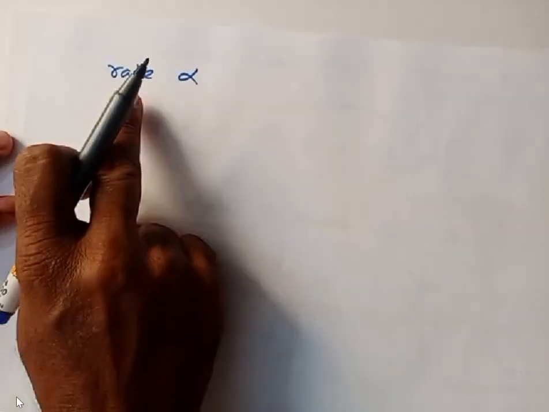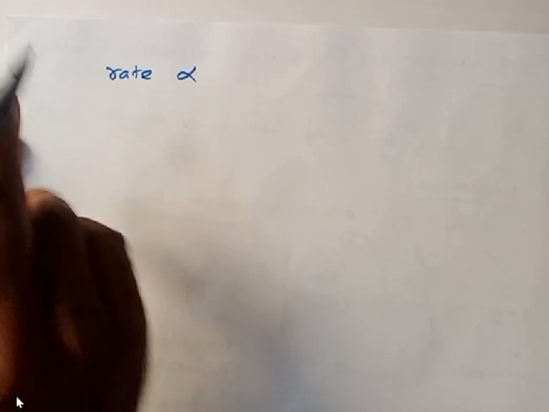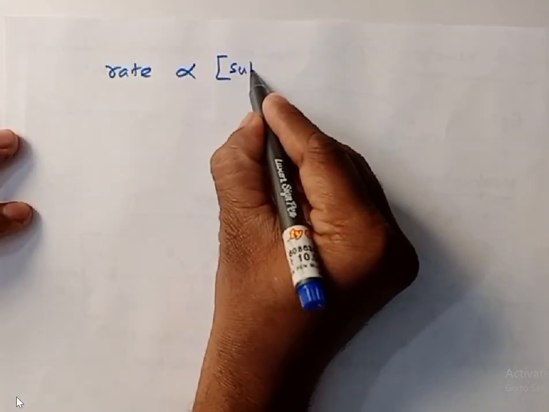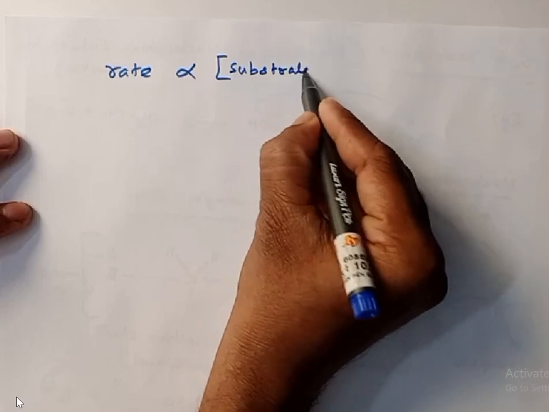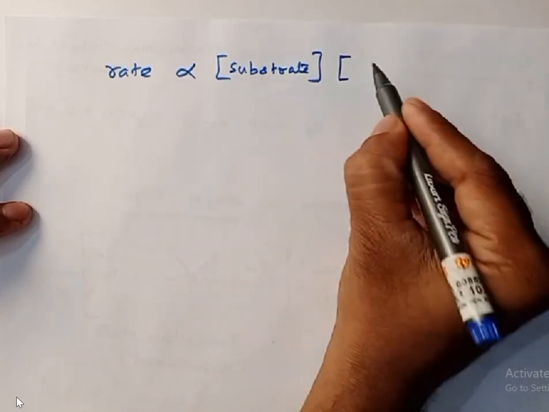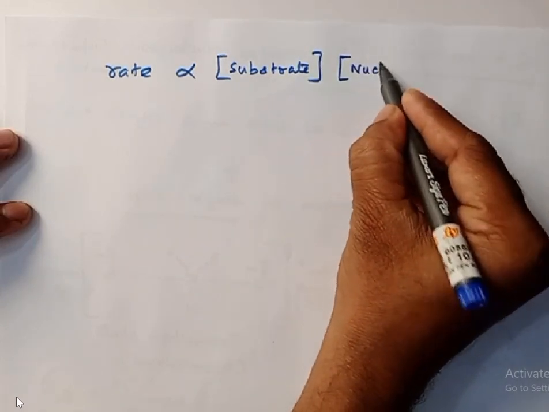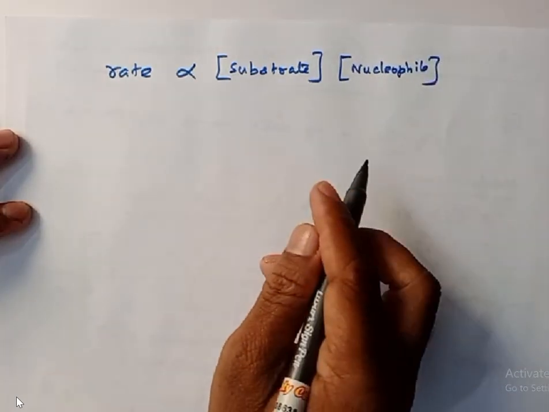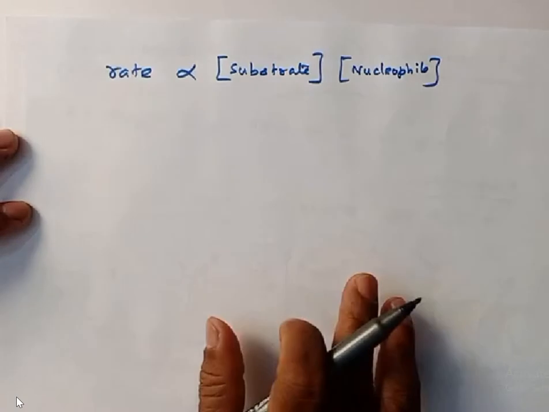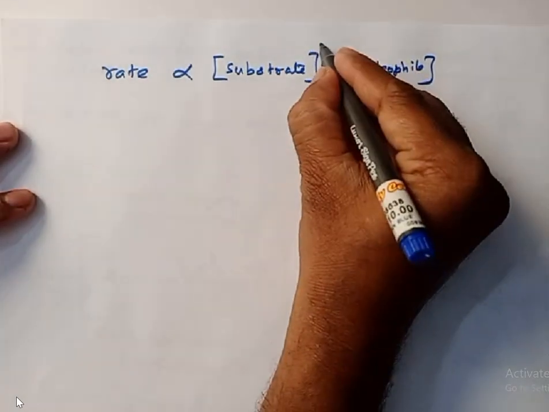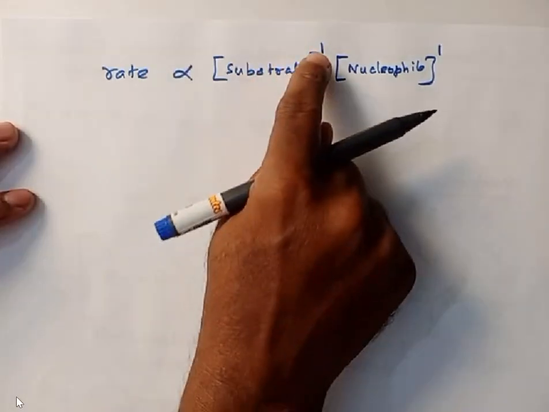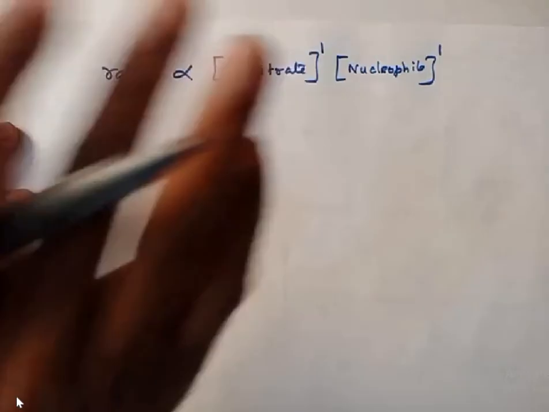Not only that, experimentally it was found that the rate law for this reaction is: rate is directly proportional to the concentration of the substrate and the concentration of the nucleophile. In this case, the nucleophile is OH minus, but in general we'll write nucleophile. And it was found experimentally that this power is 1, this power also 1. Students, these power values are determined through experiment.